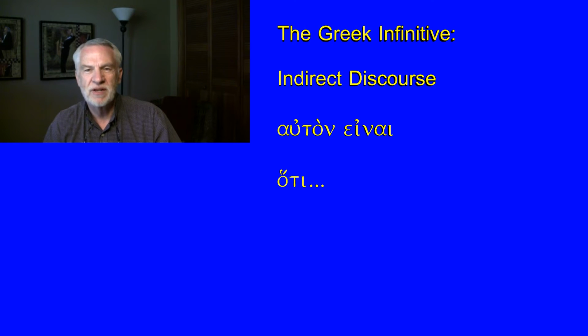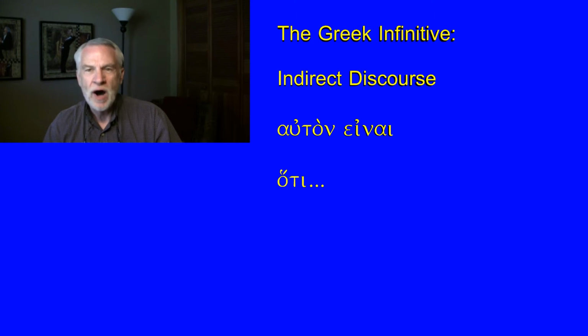Literally, it would read something like this. He said that he will make a cake, you know. And so the tense is calibrated according to the leading verb in the sentence. If I were to say, I am making a cake, then if that were reported later, someone might say, he said that he was making a cake.